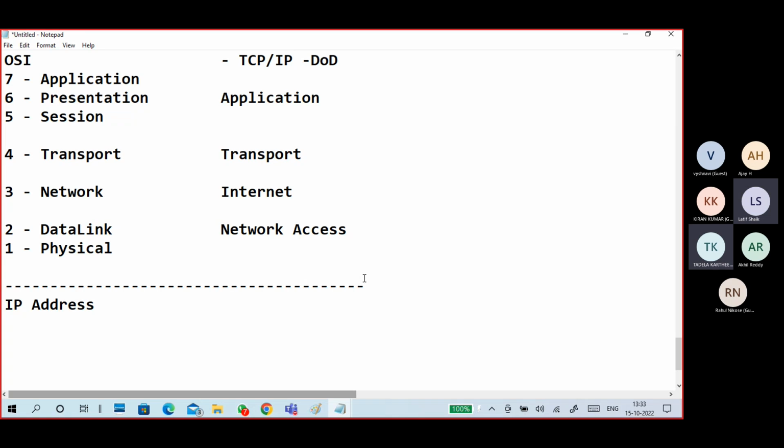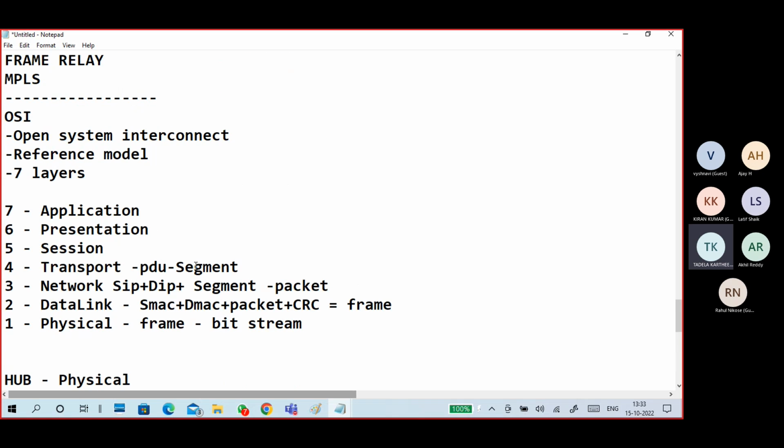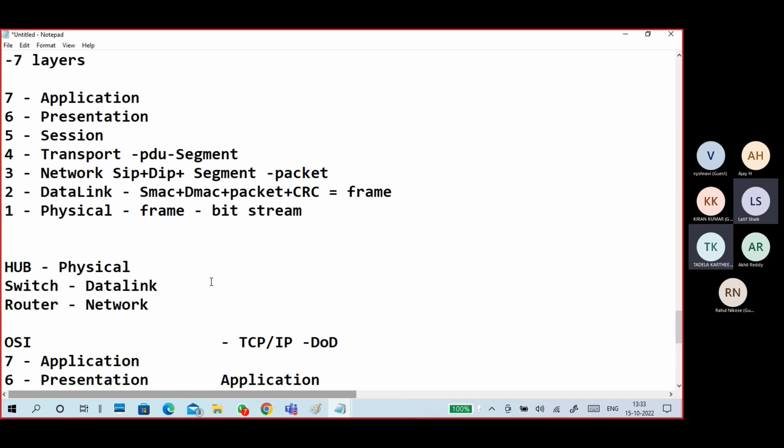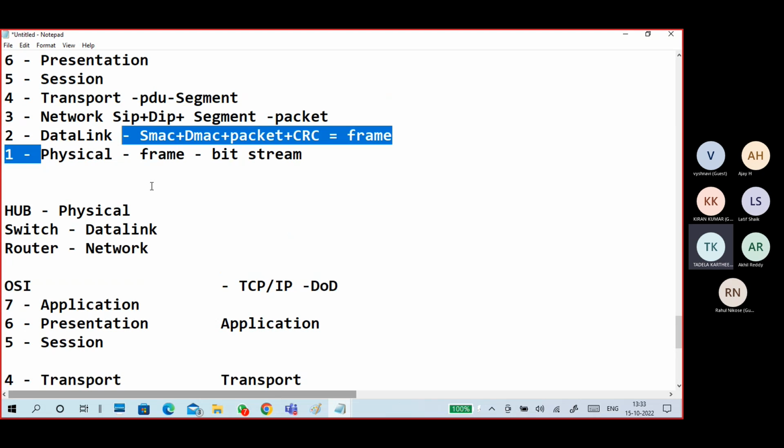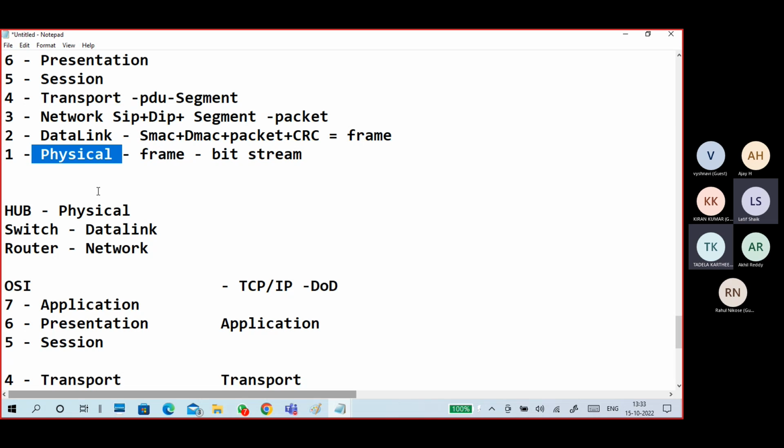If anybody asks where is the NIC? I said routers, switches, hubs, and even cables belong to the physical layer. But where is the NIC? The NIC is a physical device, we can see it, so physical layer.